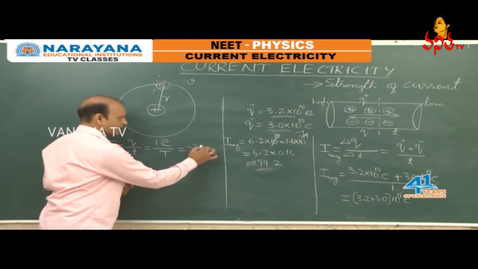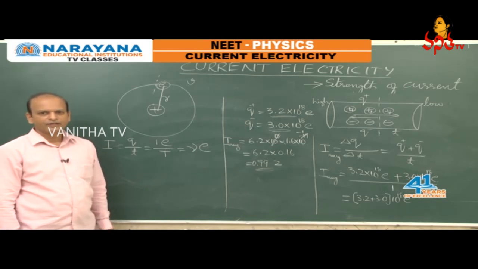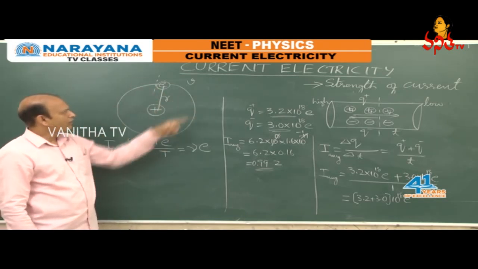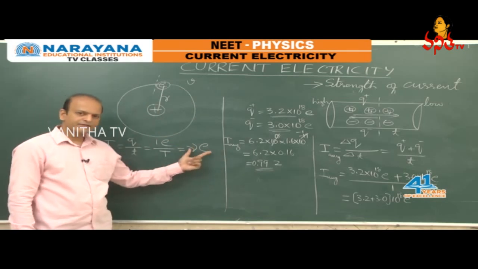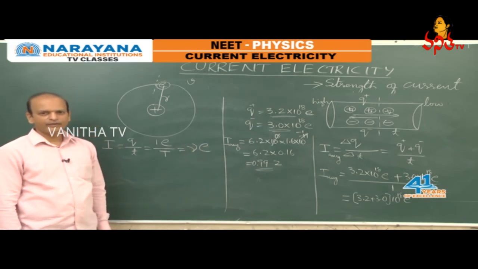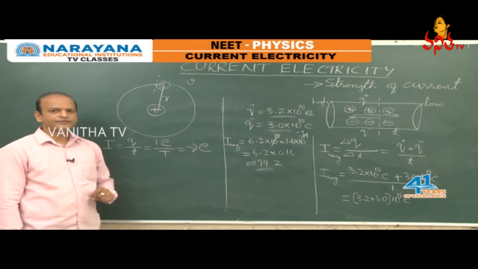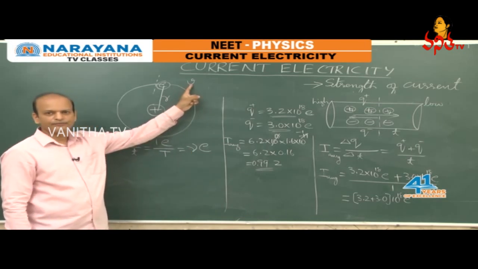So it is the frequency of electron revolution into the electron charge. So if the electron revolves with a certain frequency nu, the current formed due to that electron is nu into e. Okay. Sometimes instead of frequency they will give the speed value.